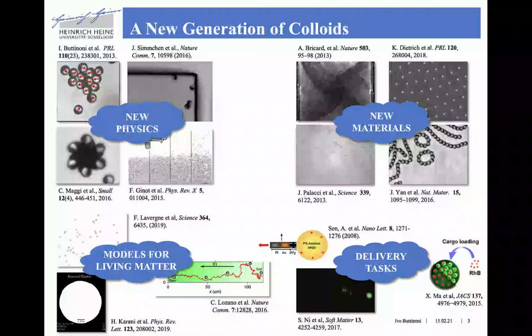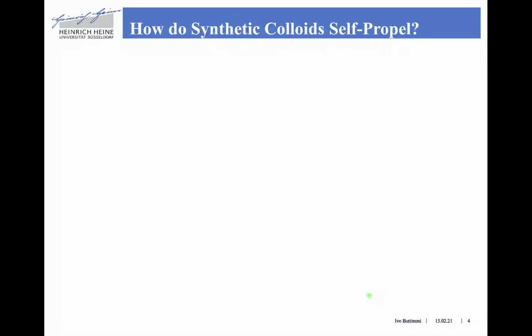So in this lecture, I will not look into all these applications, but only focus on the basics of self-propulsion. Then I will try to answer the question, how do synthetic colloids self-propel? To my knowledge, there are essentially two strategies to achieve self-propulsion at the microscopic scale.